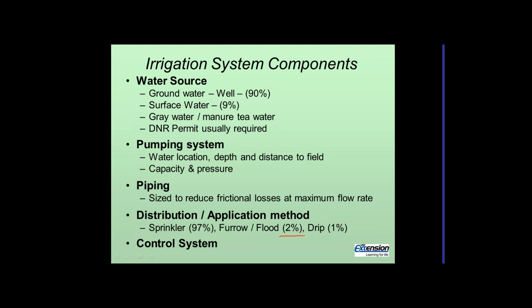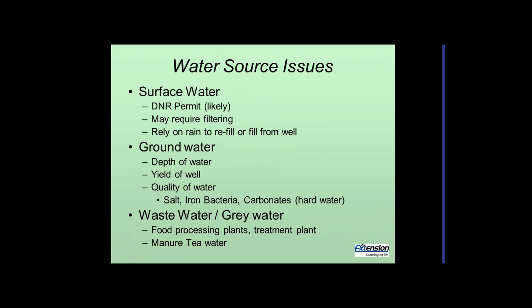We don't have any furrow in Wisconsin, but we have about 2% flood irrigation, which is basically cranberries, and then some drip irrigation, which would be largely small fresh market vegetable growers for the most part, or strawberry growers. And then typically we're going to have a control system to control this, and it could be very simple or more complex, and we'll talk a little more about that.